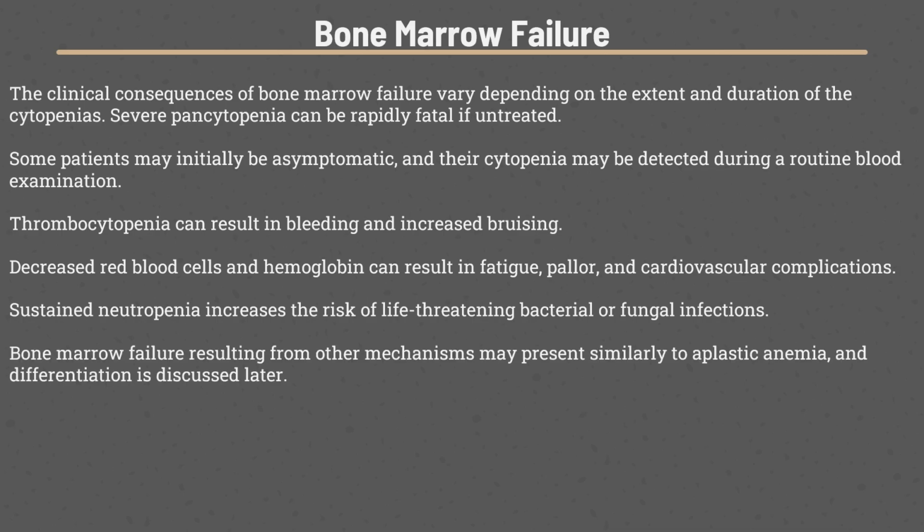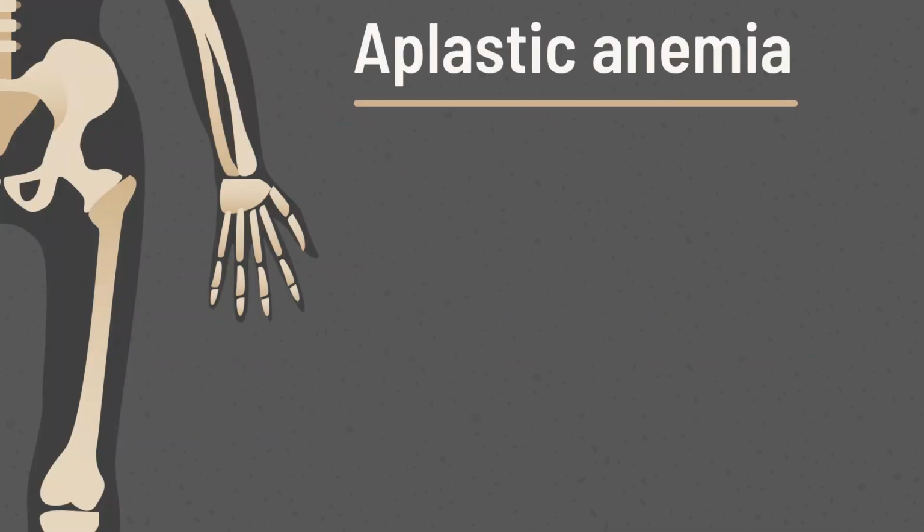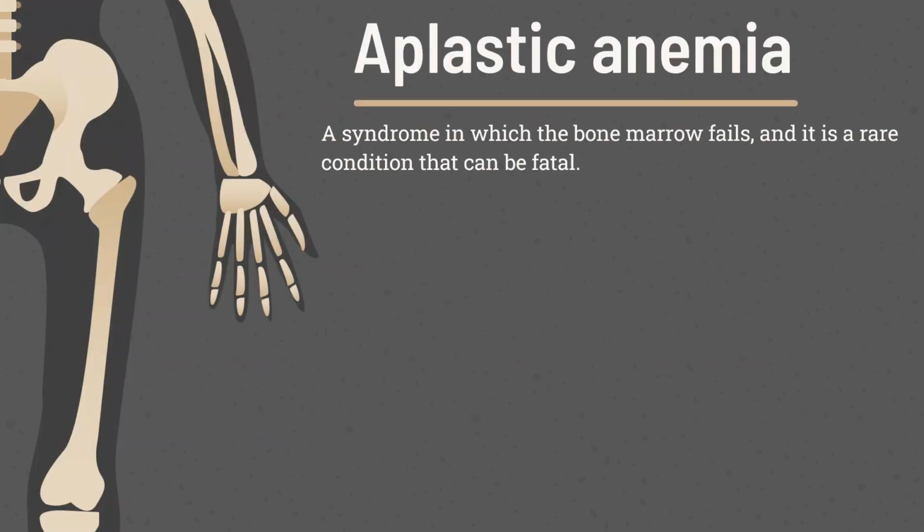Bone marrow failure resulting from other mechanisms may present similarly to aplastic anemia, and differentiation is discussed later. Accurate diagnosis is essential to ensure appropriate treatment, as there are many mechanisms involved in the various bone marrow failure syndromes. Aplastic anemia is a syndrome in which the bone marrow fails, and it is a rare condition that can be fatal.